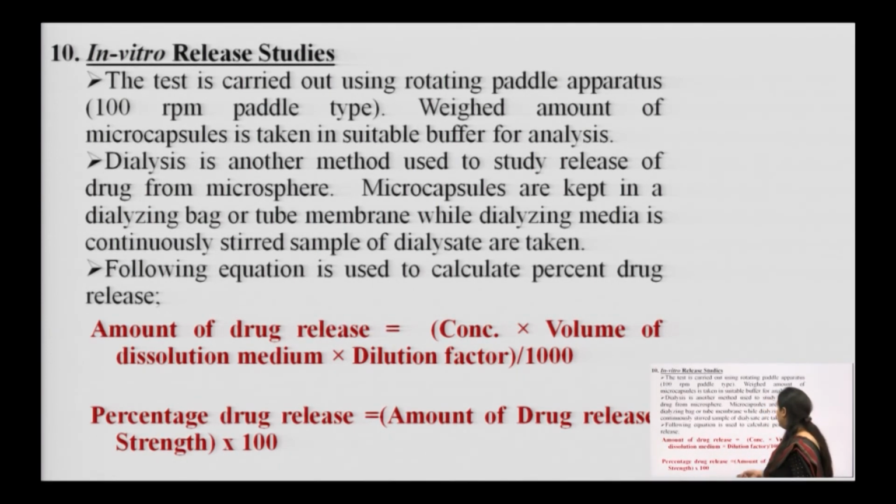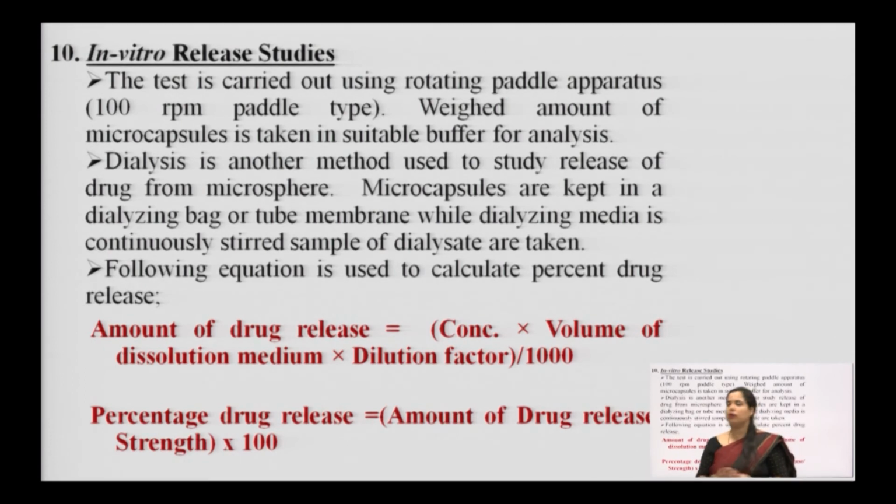The amount of drug released can be calculated by taking concentration, volume of dissolution medium, and dilution factor. Dilution factor means you are taking a specified amount of media, say 900 ml if we talk about the dissolution apparatus, and when you take a sample of 5 ml after a specified interval, you are either maintaining sink condition or not, meaning you are adding fresh blank solution to the 900 ml flask or not.